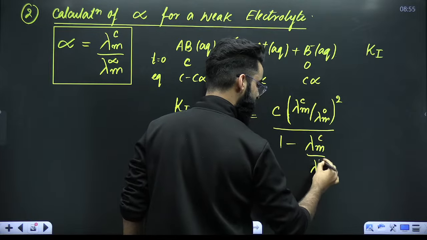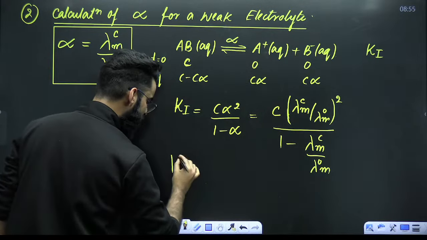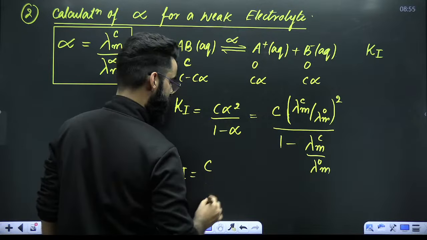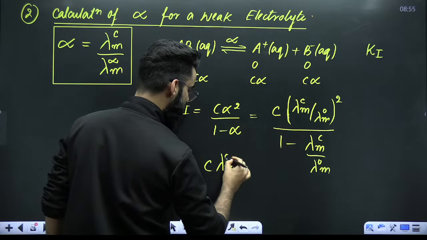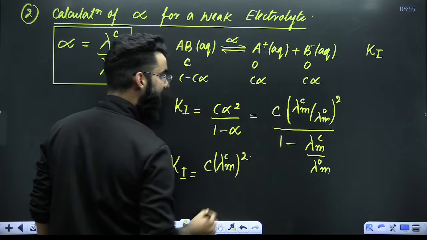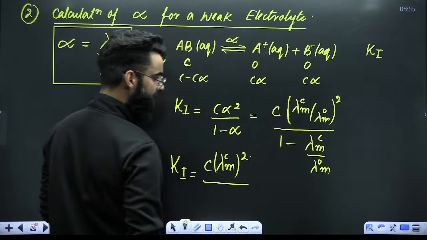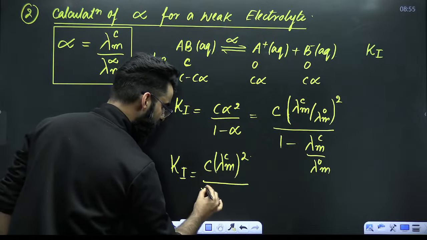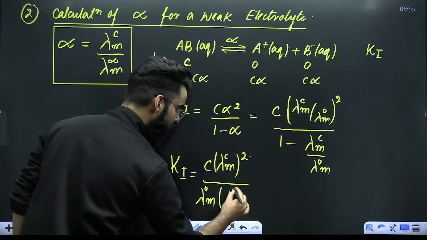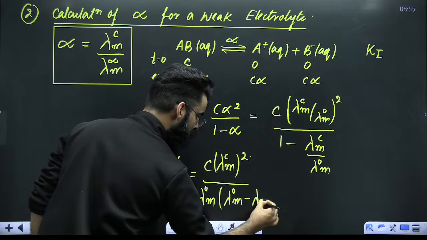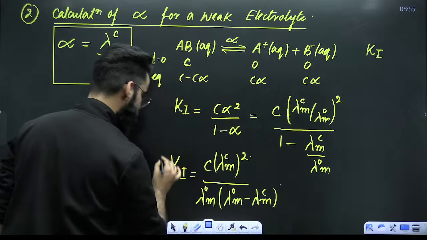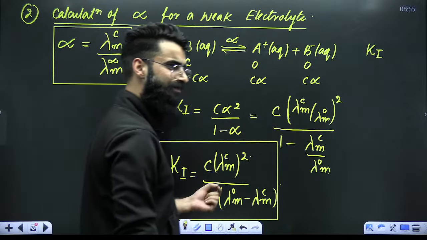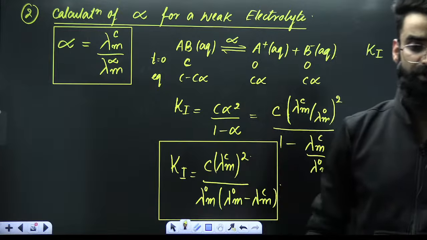When you solve it, you get the ionization constant like this: C you write as such, molar conductivity at a given concentration squared, divided by lambda naught m multiplied by lambda naught m minus lambda mc. This is how you get the ionization constant of the weak electrolyte in terms of lambda naught m and lambda mc.